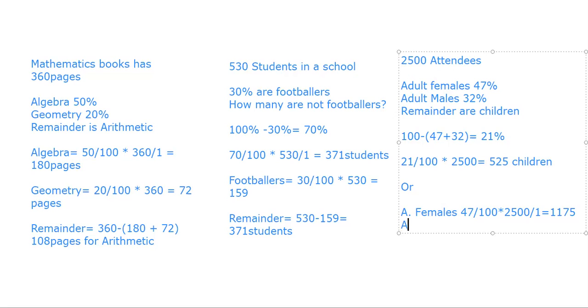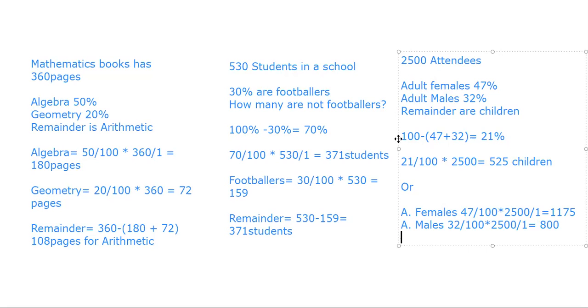And the adult males would have been 32 over 100 multiplied by 2500 over 1, which would have been 800.